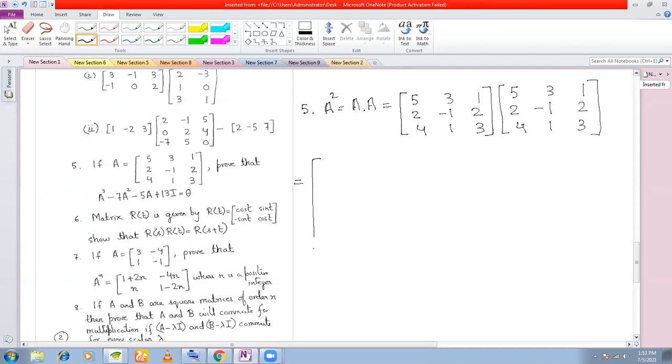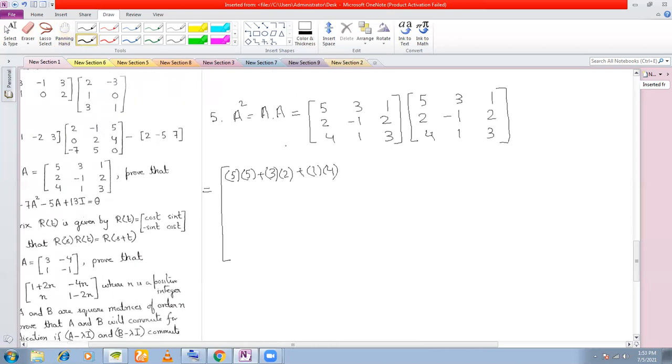You're going to get a square matrix of order 3 only. First row, first column: 5 into 5 plus 3 into 2 plus 1 into 4. This is the first row. On multiplication of the first row with the first column you get this. Next, multiply the first row with the second column. Write it in the 1, 2 position of the resulting matrix.